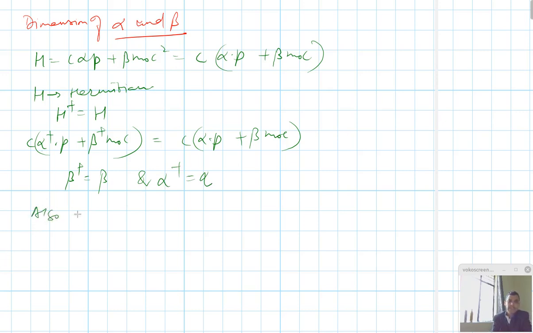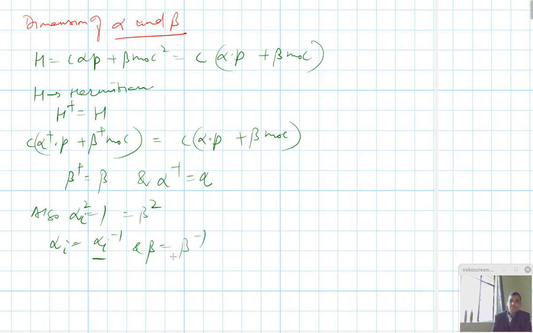Also, as I know that alpha squared is equal to 1, which is also equal to beta squared. So that means alpha i must be equal to alpha i inverse and beta must be equal to beta inverse.